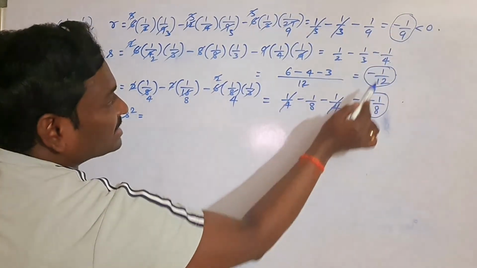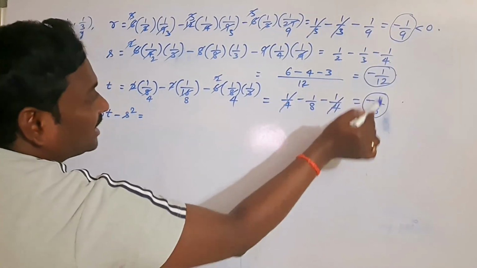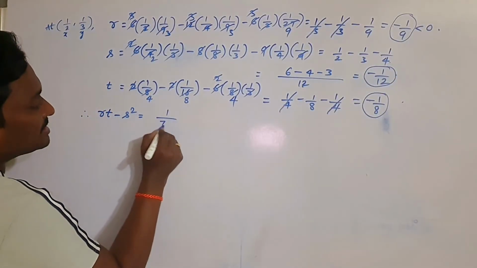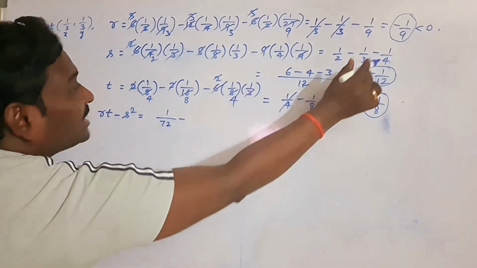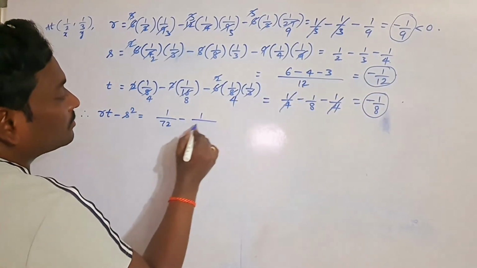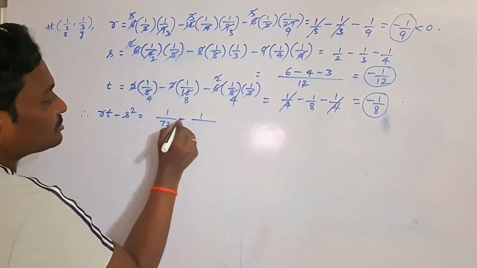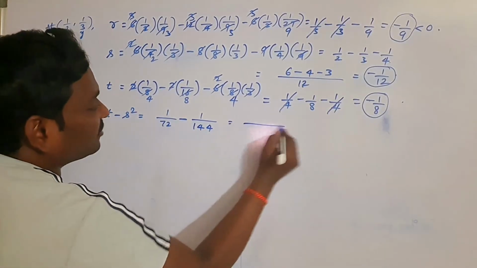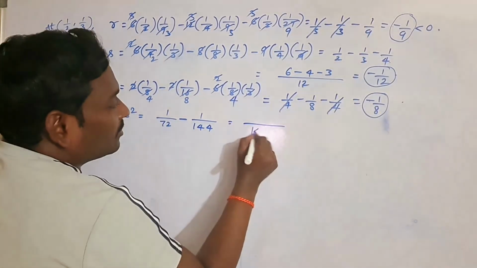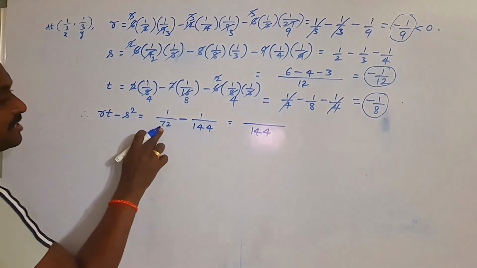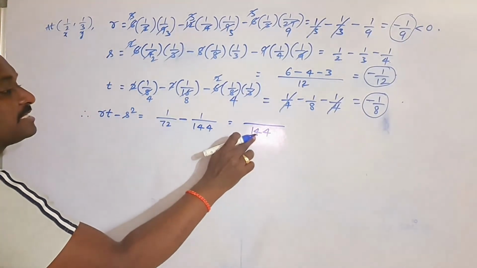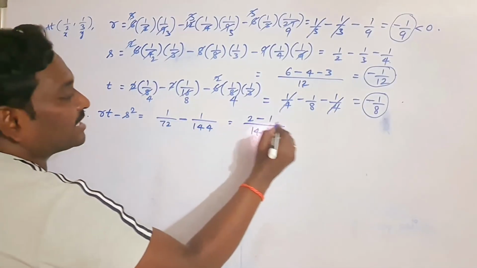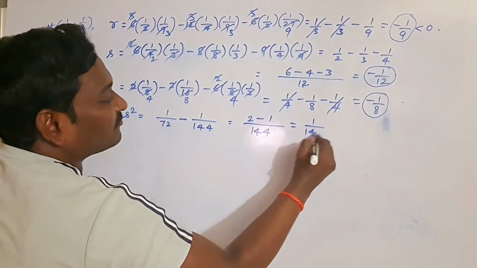Minus minus plus, 1/9 into 1/8. 9 8s are 72 is the denominator, 1/72. Minus (minus 1/12) whole square means it becomes positive, already negative sign is there. 12 square means 144. What is the LCM for 72 and 144? 144 is the LCM. 72 gets cancelled twice in the 144, so you will write 2 in the numerator and 1 is there. So it is 1/144.